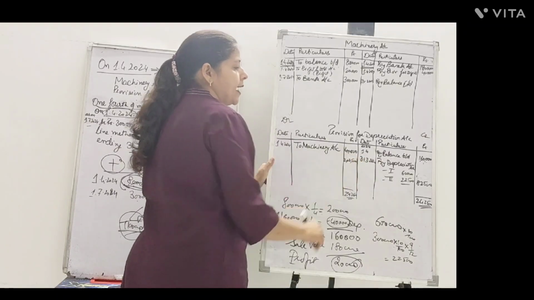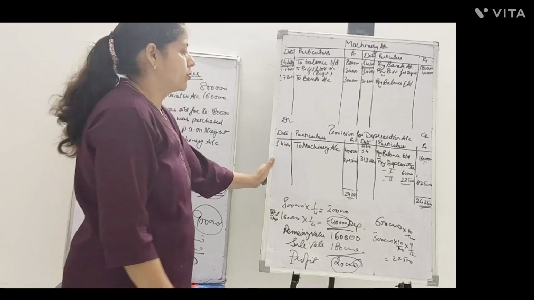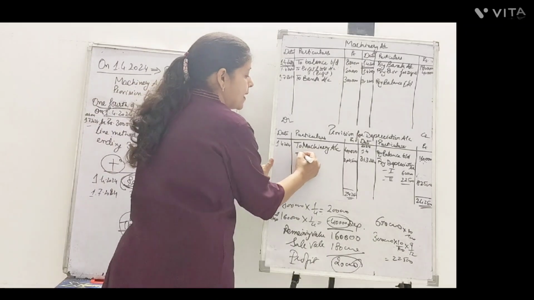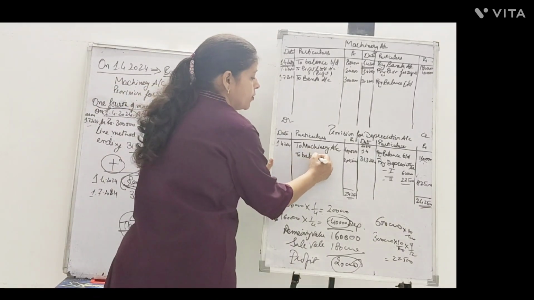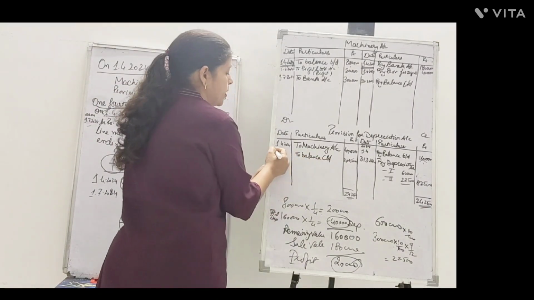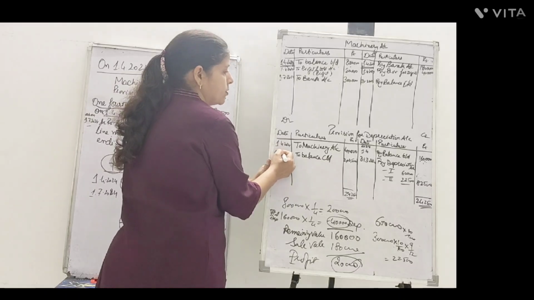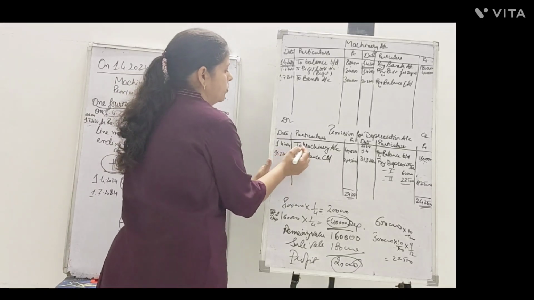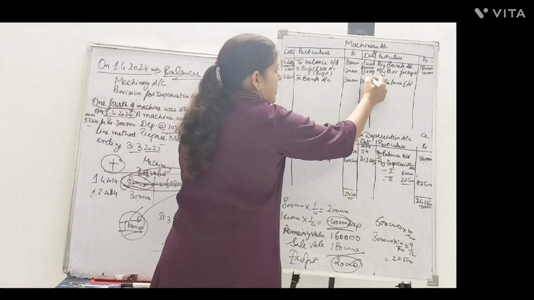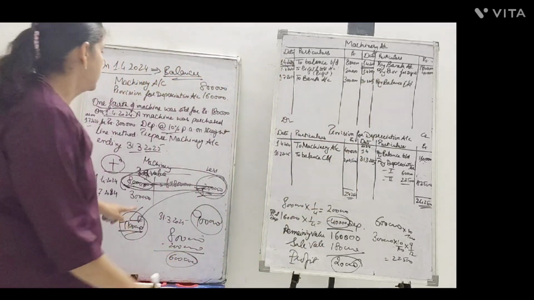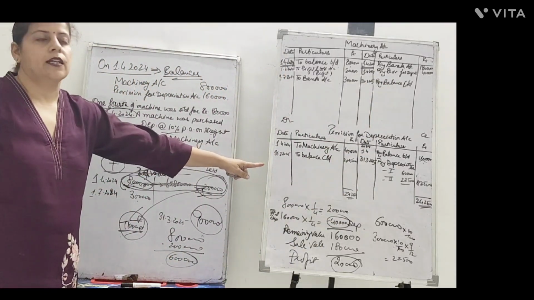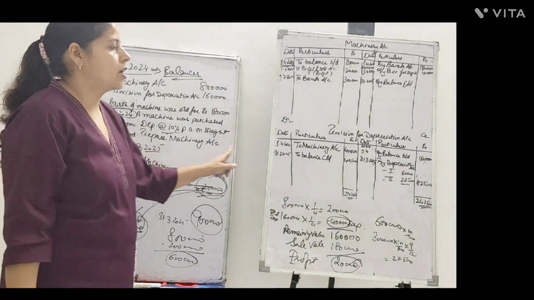That is 2,20,500 rupees. That is the balance left for your provision for depreciation account as on 31st March 2025. So this is the balance of the provision for depreciation account as on 31st March 2025.